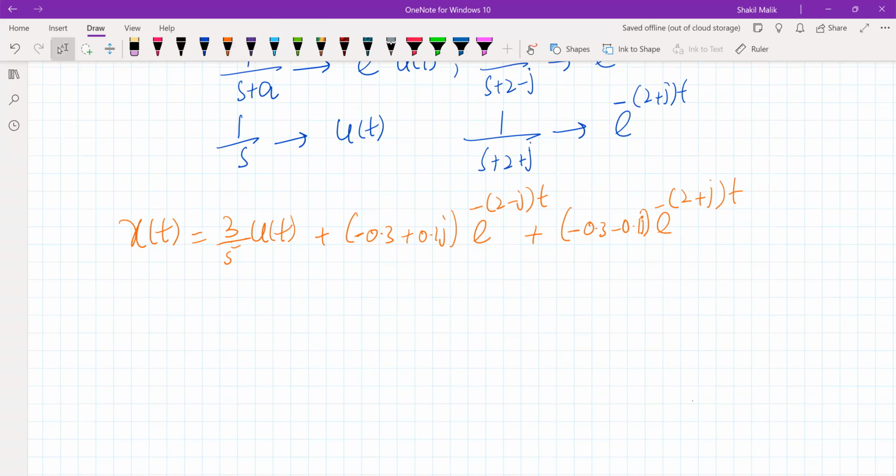Now simplifying the terms a little bit here. You can see there is e to the power of minus 2t here and e to the power of minus 2t here, so I will take it out. I forgot u of t.